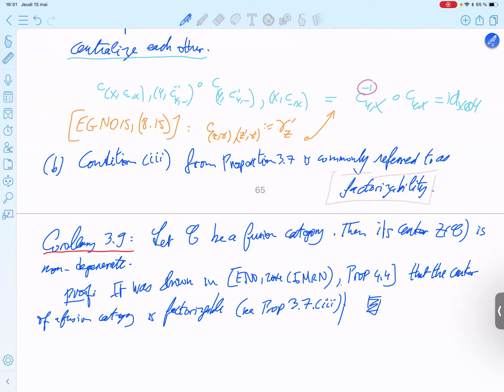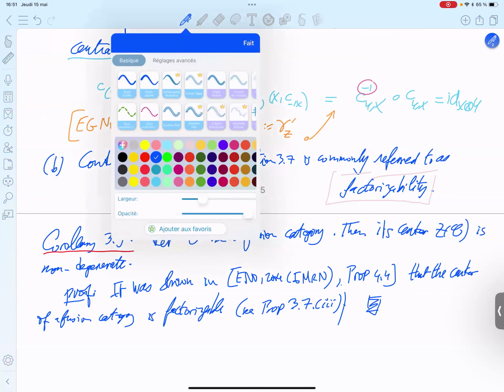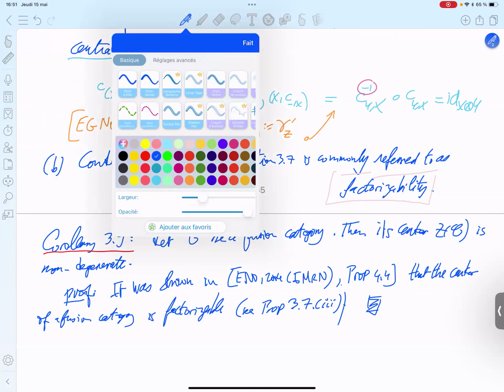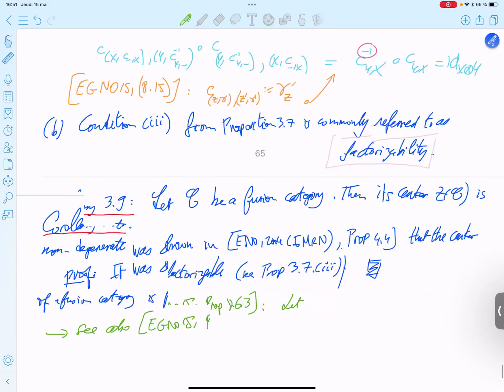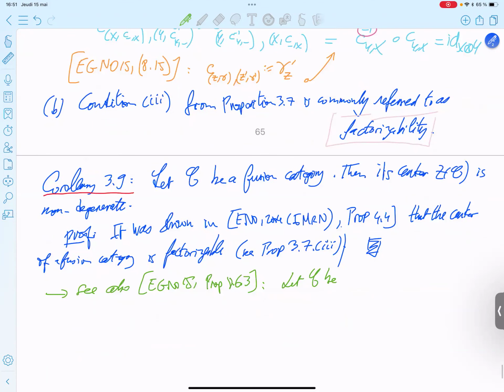And as I said, you have a much more general statement in the book regarding factorizable. So see also the EGNO book, Proposition 8.6.3. Let C be a tensor category.